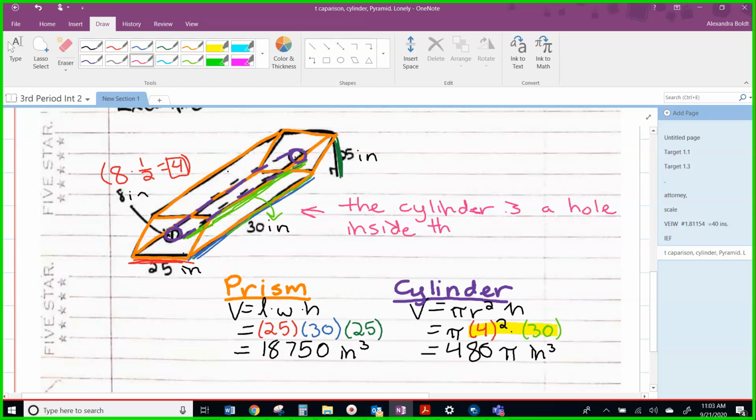So the cylinder is a hole inside the prism. So it's a hole and it's inside.